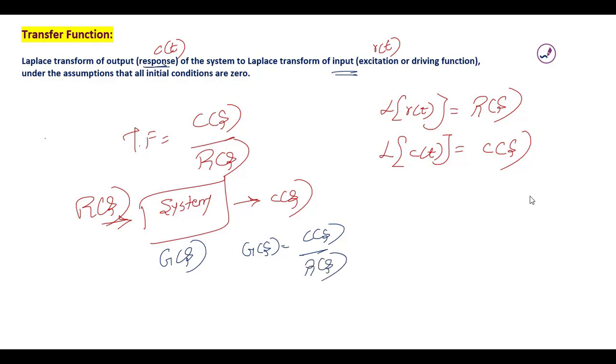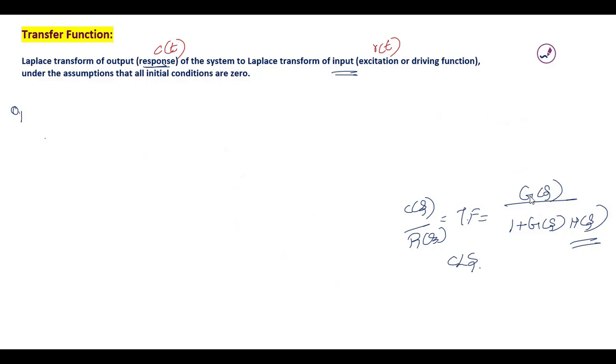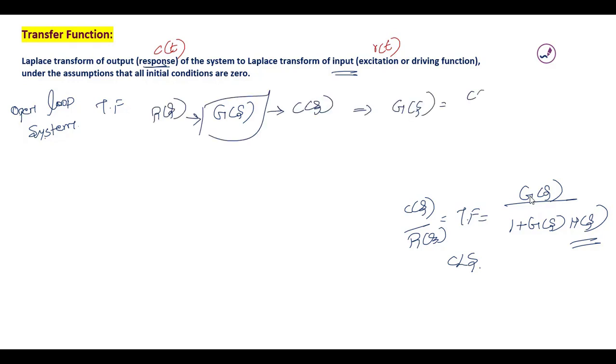The transfer function of closed loop system, in case of negative feedback, is expressed as G(s) divided by 1 plus G(s) into H(s). H(s) is nothing but the feedback component. For the open loop system, the transfer function is G(s), equal to C(s) divided by R(s).